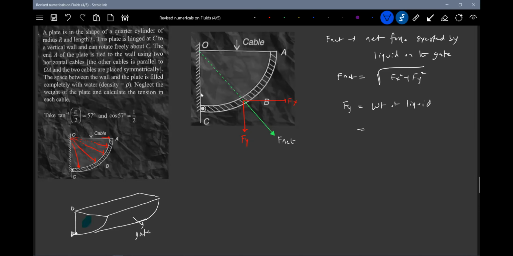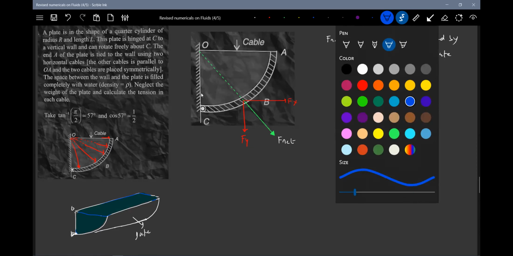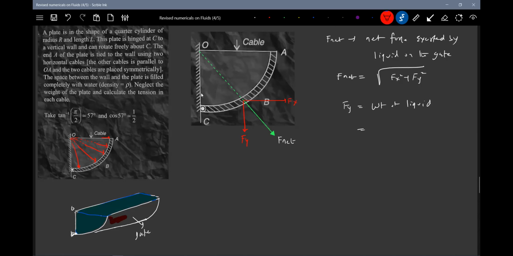Again, here the liquid is present. First, understand the situation. Writing equations is very easy. Don't bother. Within another 1 minute, I'll end up this problem. We have to understand what actually it is. And this part will be the metal gate. Okay, there's the water, no?